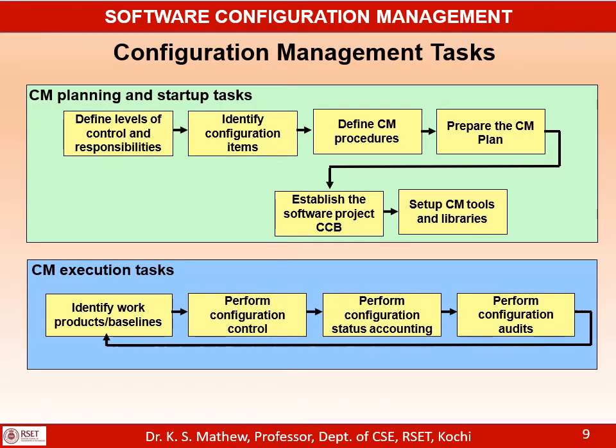So what are the CM planning and initiating activities of configuration management? First, define the levels of control and responsibilities. There are various roles of people in the project. So we need to define the level of access or level of control required for various roles of people in the project for various work products, and also define the responsibilities of various roles of people with respect to configuration management activities.